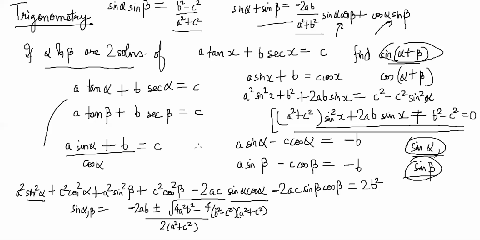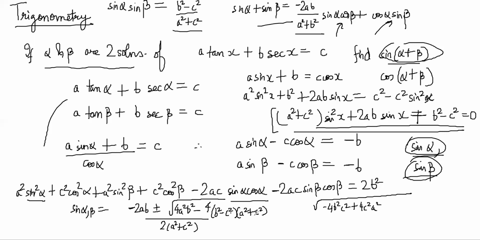So this becomes root under root sign. 4a square b square will cancel this one. So let's just write these terms. So b square c square minus 4b square c square. Then you get minus c square a square, so it becomes plus 4c square a square.